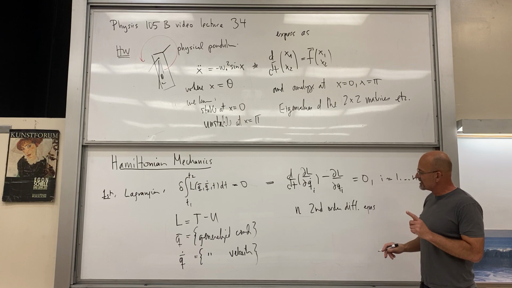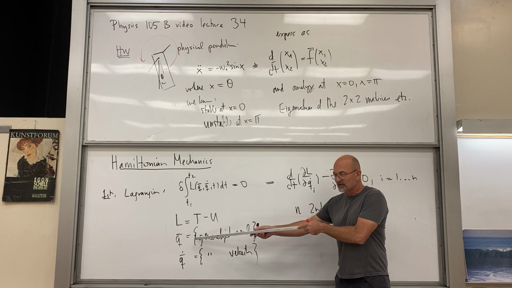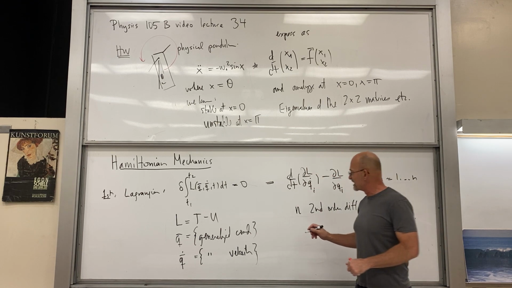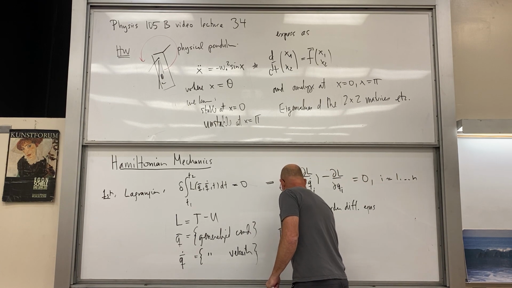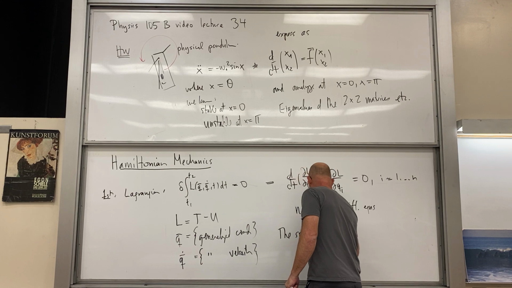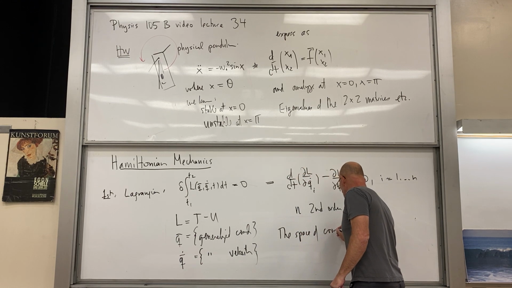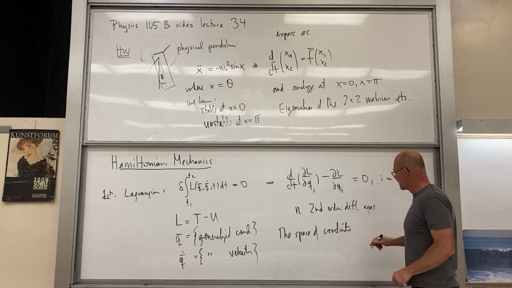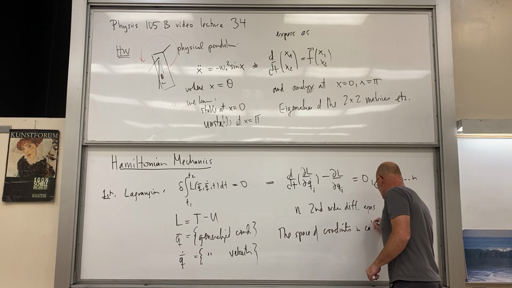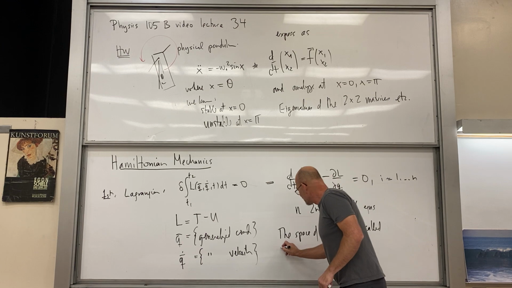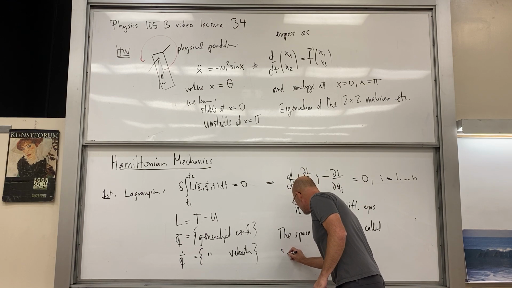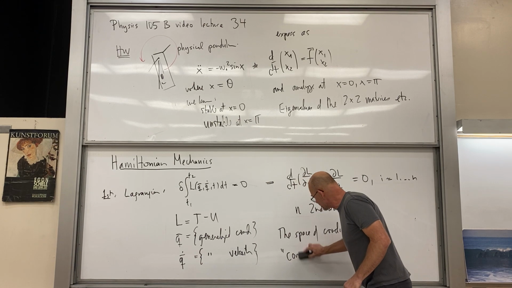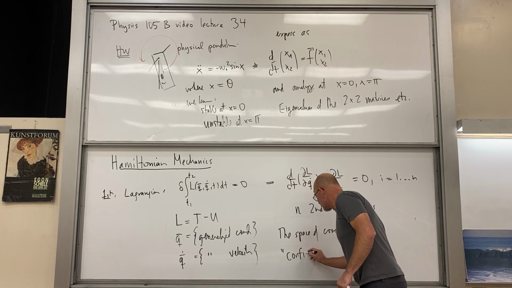The space of these coordinates, these Q1 to Qn, is called the configuration space. I'll just put it in here in quotes for the definition, configuration space.